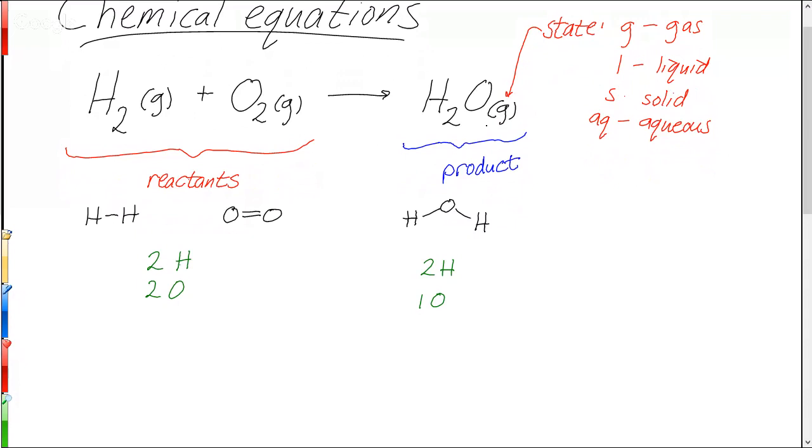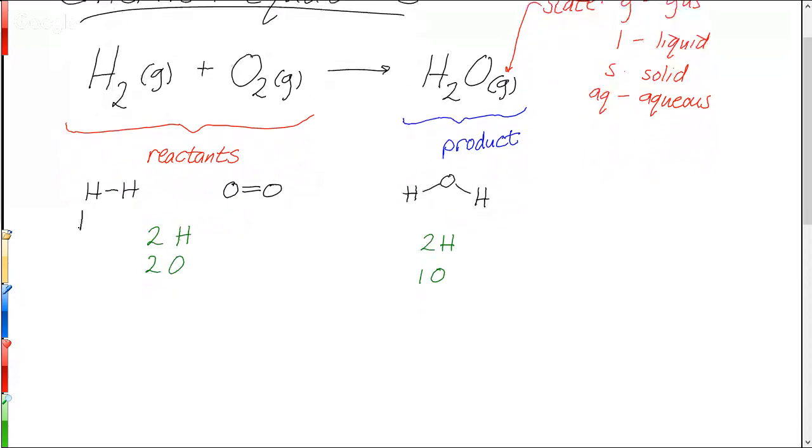So for instance, what if instead we reacted 2 hydrogen molecules with an oxygen molecule, and then we made 2 water molecules instead of just 1? Now if we count those things up again, we've got 4 hydrogens and 2 oxygens on each side, and now it works out.